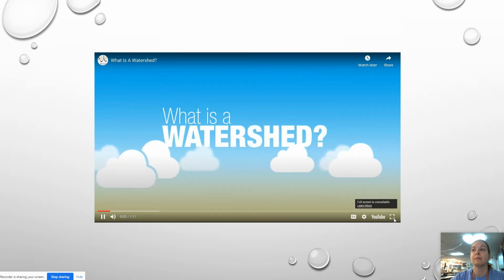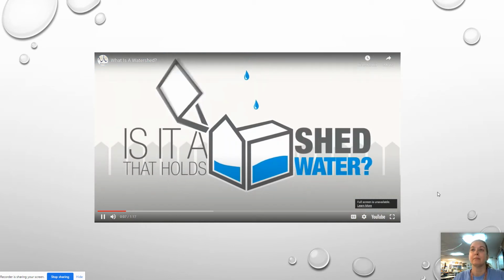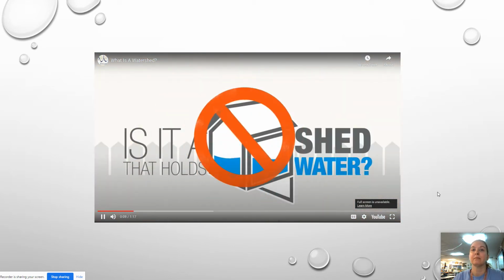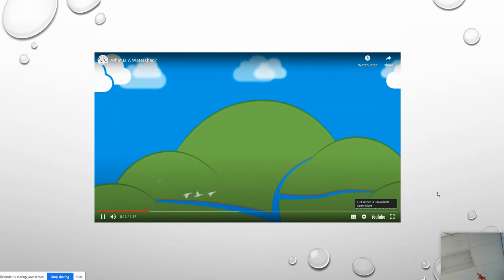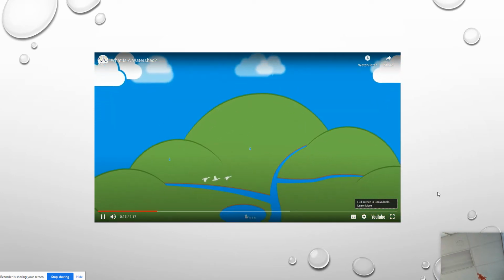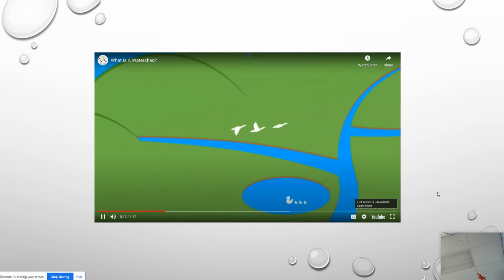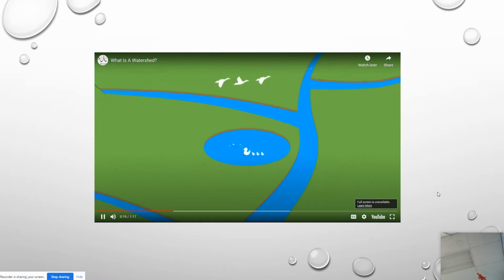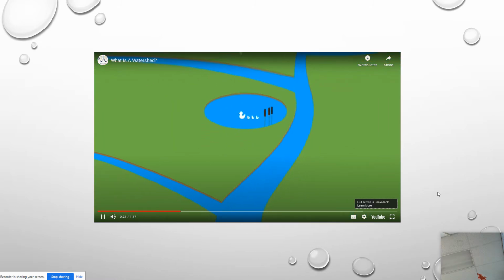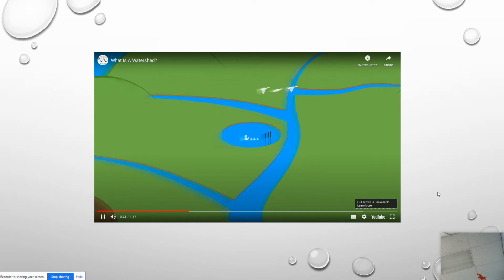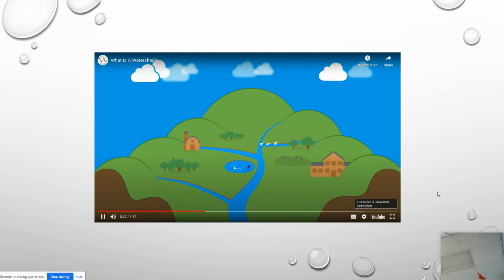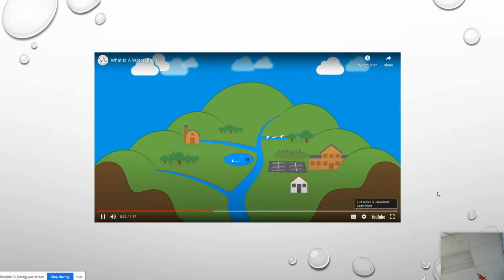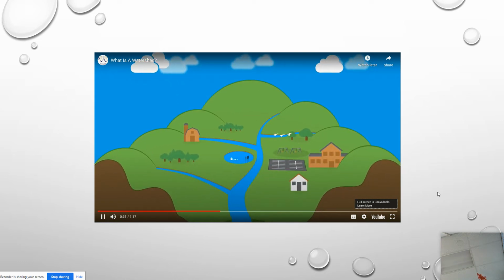What is a watershed? Is it a shed that holds water? Try again. A watershed is all of the land that drains into the same location or body of water. People tend to think only of water bodies such as rivers, lakes, and wetlands as being part of their watershed. However, any land, whether it is park, farm, forest, school parking lot, and even the soil we build our homes on is also included.